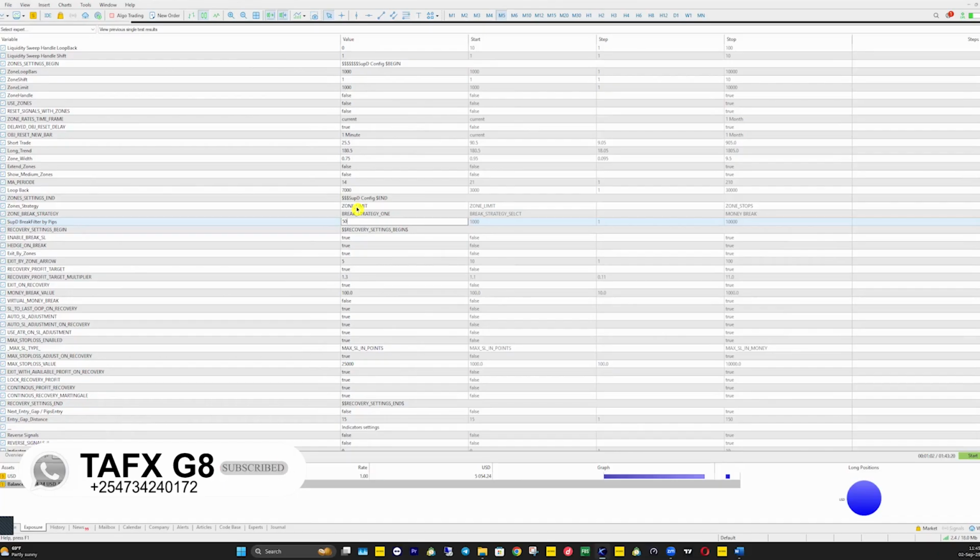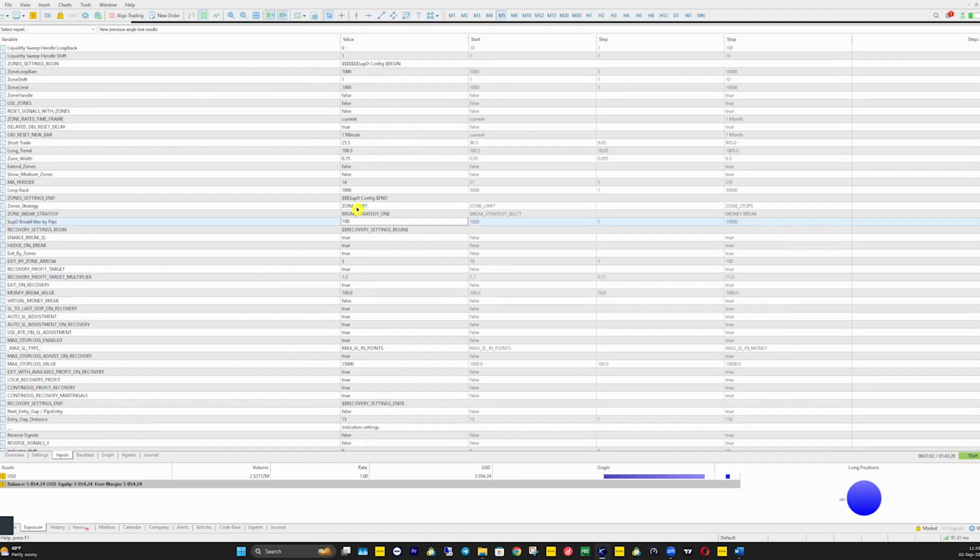It's automated, so if the system detects that your broker is using points, then you can just set 500 if you're targeting a stop loss of 50 pips.